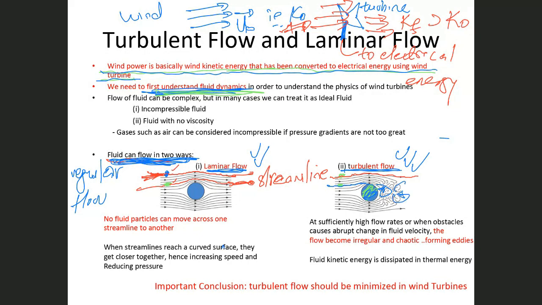The streamlines are no longer smooth, almost straight lines, but now form what we call eddies. They are more like spiral shapes, which happen at different sizes, and we call them eddies.